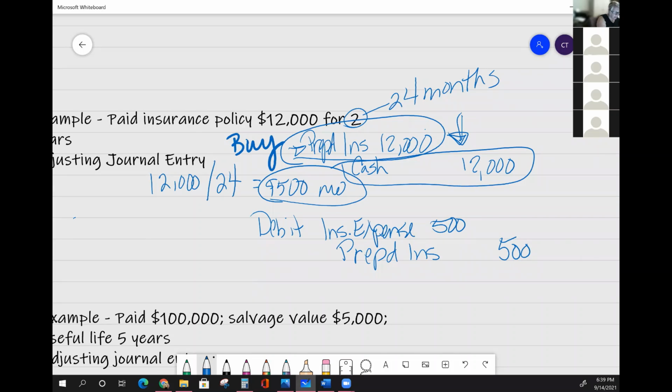If I'm looking at a T account, here's my prepaid insurance, and I have $12,000 when I purchased it. And each month you'll see an entry for $500. So my balance after the first month is $11,500. So that's what we do for expenses that we've prepaid, and then we need to recognize them as we go.